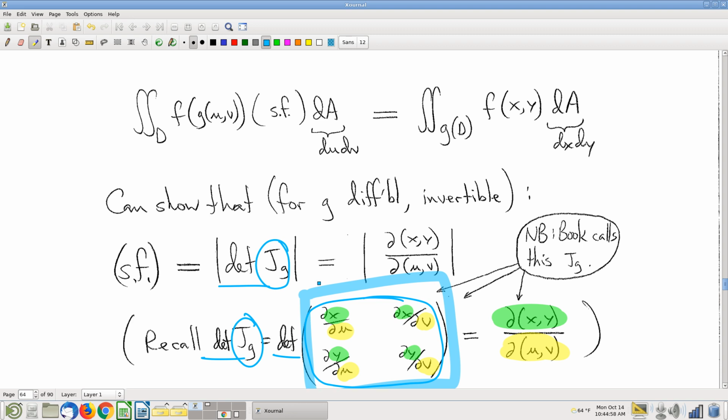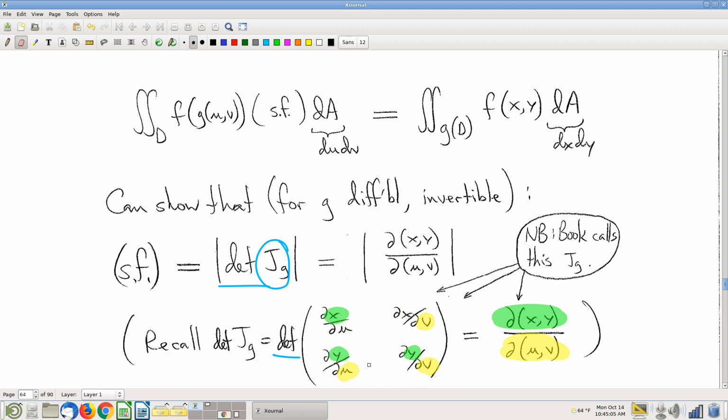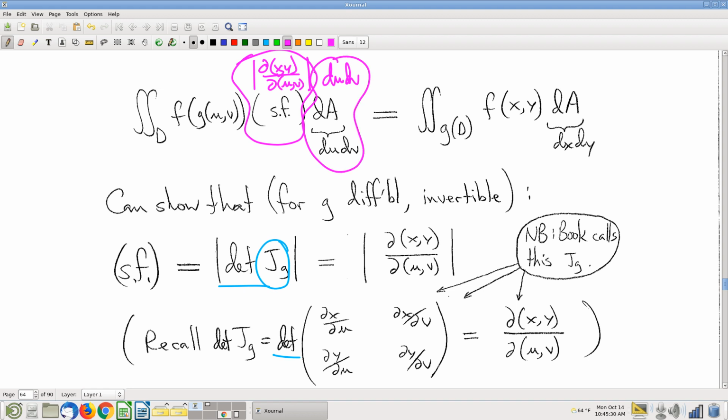The other reason, really more of the reason that I'm a big fan of this, is that if you take this point of view on the stretching factor, if you rewrite the stretching factor like this, partial xy, partial uv, then notice, dA, of course, is du dv when it's over there in the UV plane.